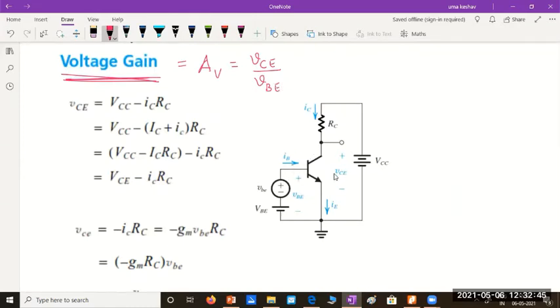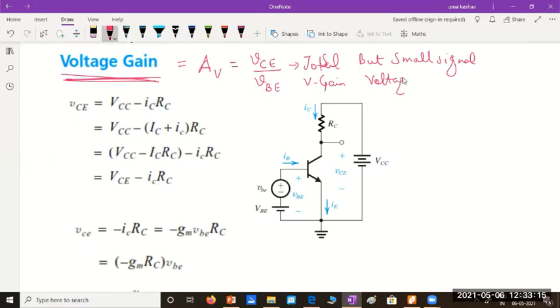If I write the total value of output voltage, it will be small v capital C, AC plus DC. And the total input voltage is small v capital BE. This is the total voltage gain. But if you want only the small signal voltage gain, usually this is what we are going to find out.